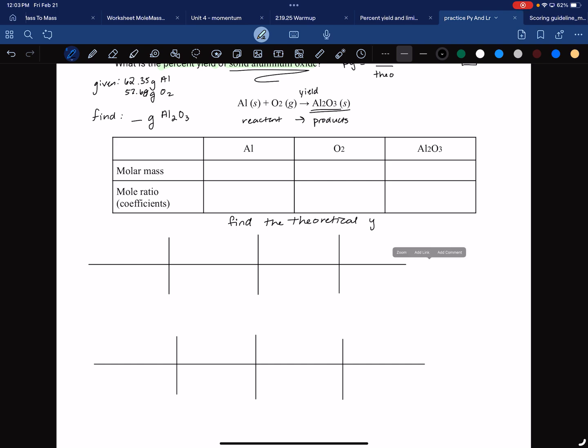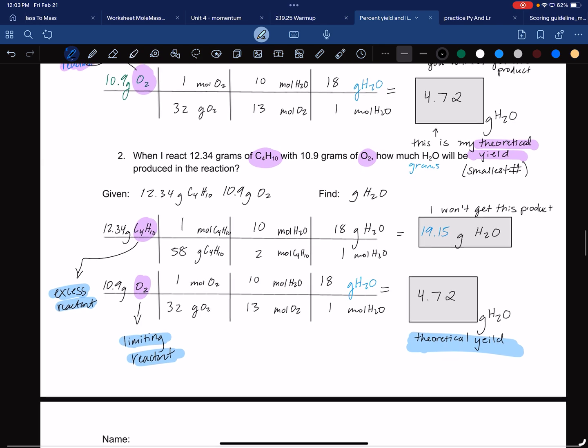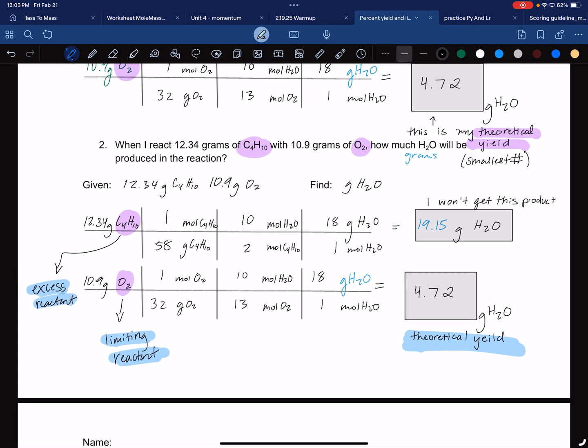Okay, and I'll just go back to yesterday's concept to remind y'all what was so important about yesterday. So this is going to be our limiting reactant problems.